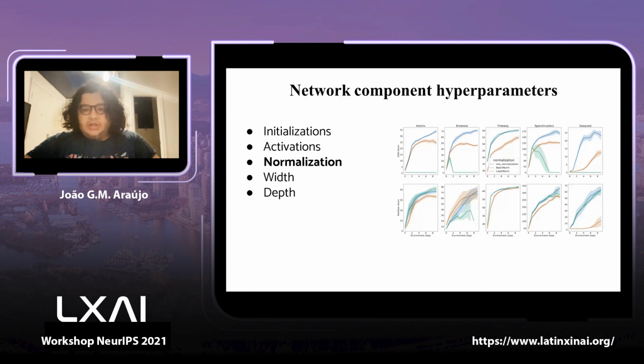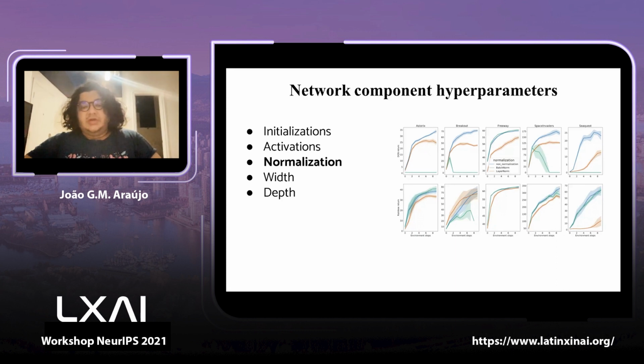Okay, and then for each one of these columns, we have a different MinAtar game. In blue, you can see the default configuration, which is no normalization. In orange, here you have layer norm, and in green, you have batch normalization.